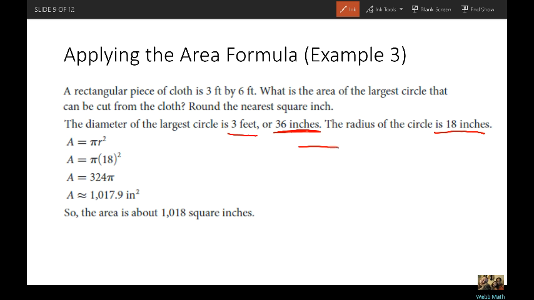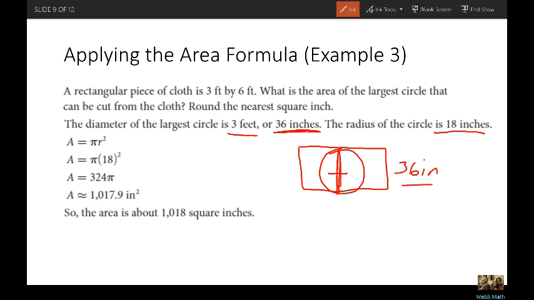So they went ahead and said there's this cloth, and basically the most you can cut out of it for a circle was 3 feet for the diameter, sorry, which is again in inches, which was 36 inches. But the radius is half of that.